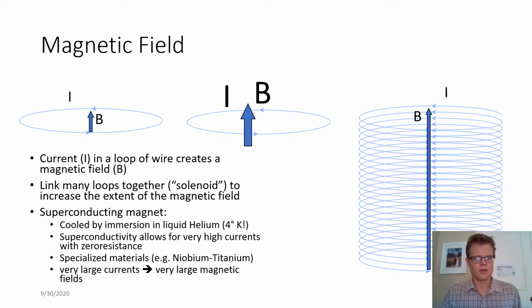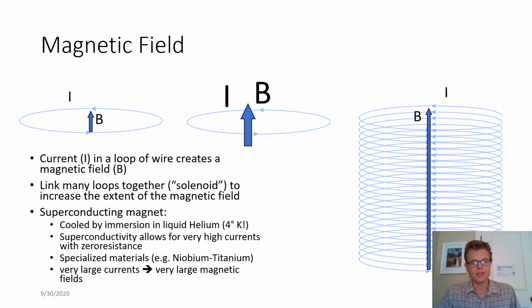And the main mechanism that we use to do this for the B0 field is to create much larger currents, represented by the larger I in this picture, which is going to lead to larger magnetic fields. And the problem becomes with conventional wires, copper wires. Eventually you can only feed so much current into them without melting the wires.